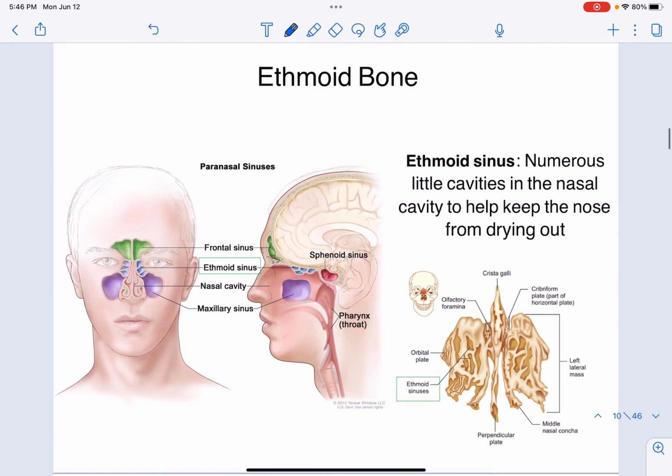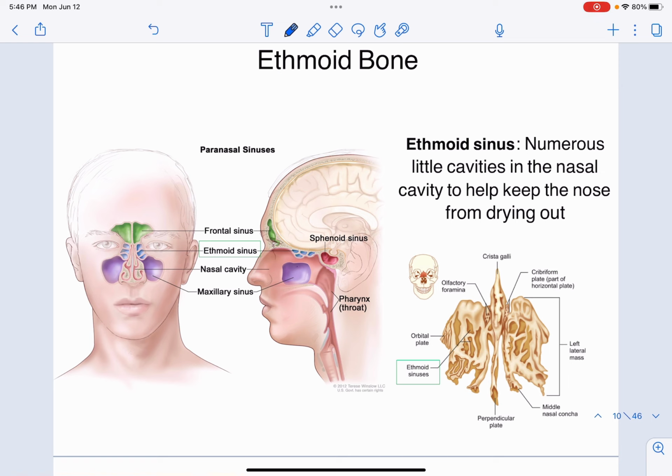All right, and lastly are the ethmoid sinuses. So sinuses are large hollow spaces. So they're air-filled spaces that kind of make up the nasal cavity.